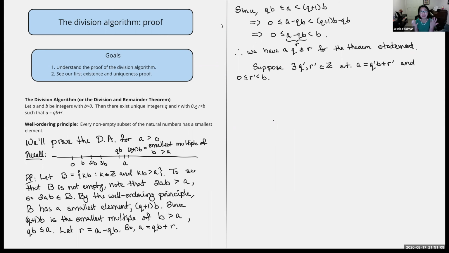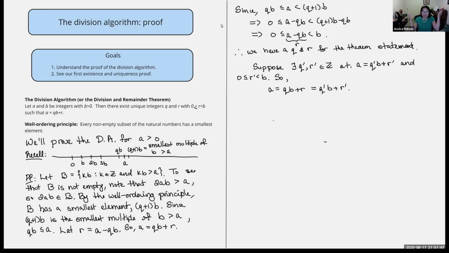So now I have two ways of writing A. So A is equal to QB plus R, which is equal to Q prime B plus R prime. Okay, so I have to show you that the R and R prime are the same, and the Q and the Q prime are the same. So, well, R and R prime are both numbers, and one of them has to be bigger than or equal to the other.